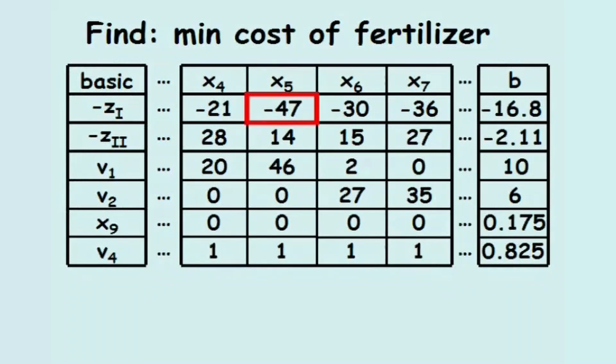At this point, variable x5, which represents urea, has the most negative reduced cost coefficient and will take the place of artificial variable v1 in the basis, since 10 divided by 46 is a smaller positive quotient than 0.825 divided by 1.